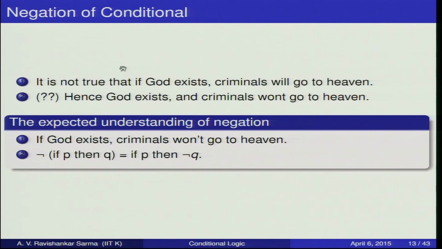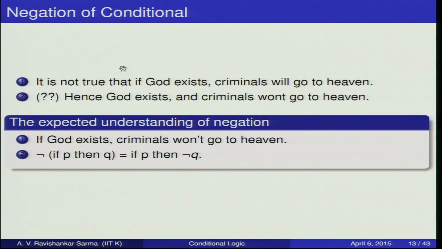The negation of the conditional is like this: it is not true that if God exists, criminals will go to heaven. So there is an equivalence here: not (A implies B) is the same as A implies not B. So hence God exists and the criminals won't go to heaven.